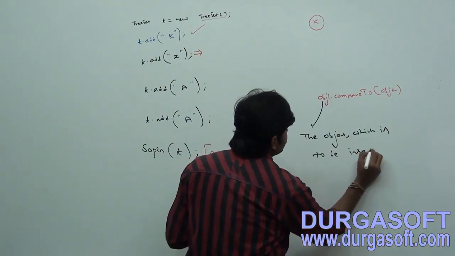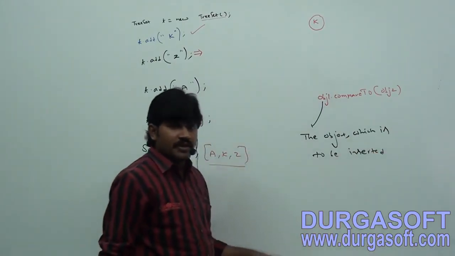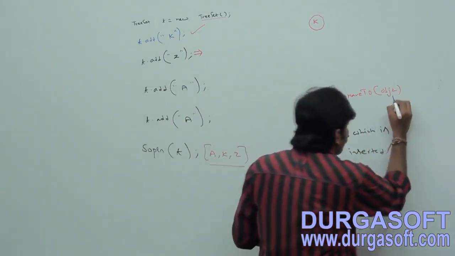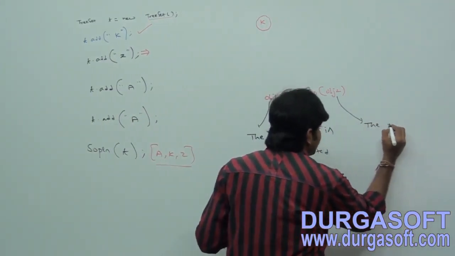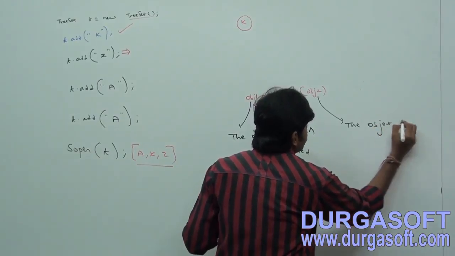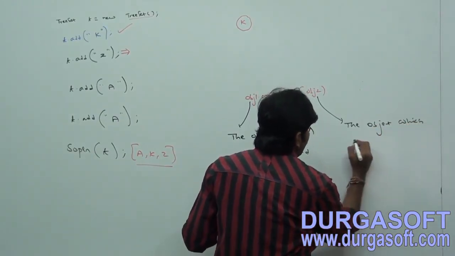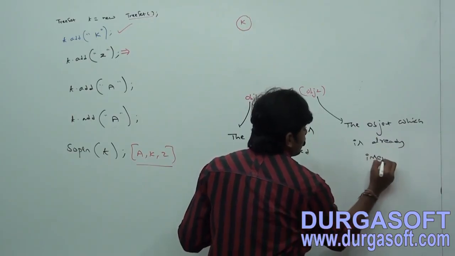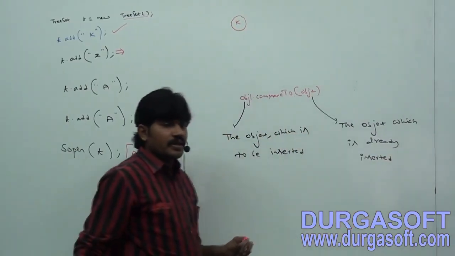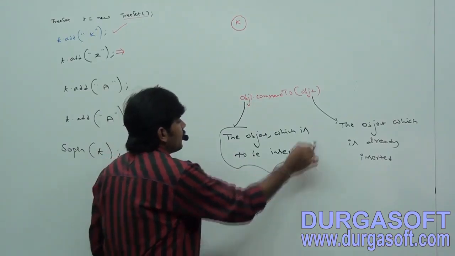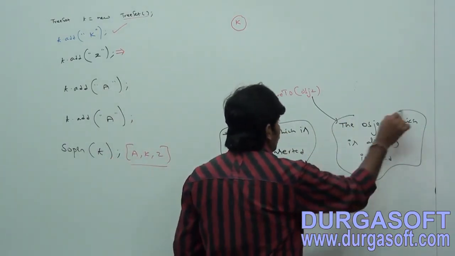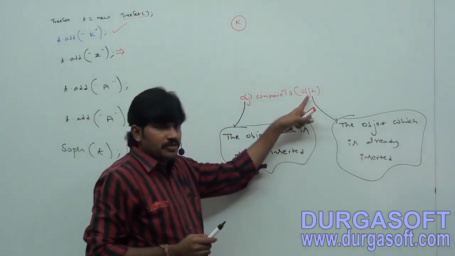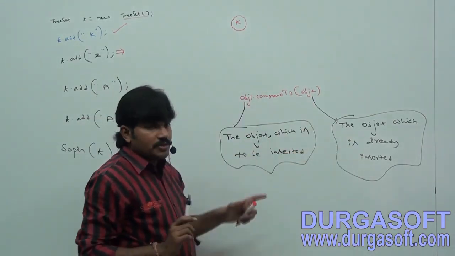Which is obj2? The object which is already inserted. Make sure you are clearly aware of this terminology, right? The object which is already inserted is obj2, and the one we are trying to insert is obj1.